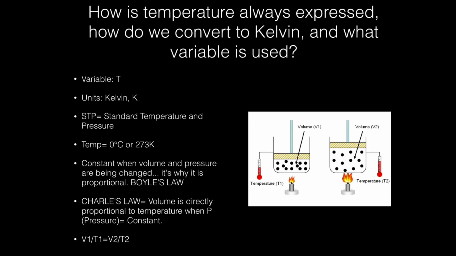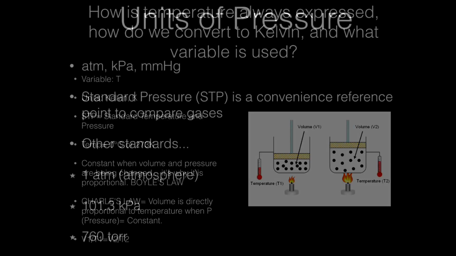Temperature is the constant when volume and pressure are being changed, and they're inversely proportional, which is just Boyle's law, as discussed before. Charles's law is when volume is directly proportional to temperature when pressure is the constant. And below that is just the equation used for this.